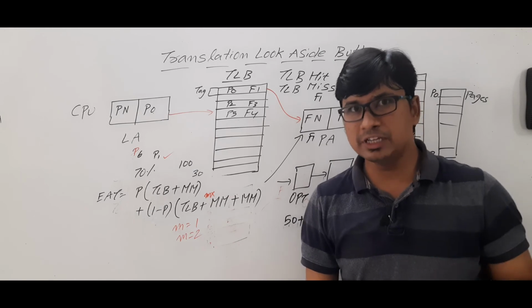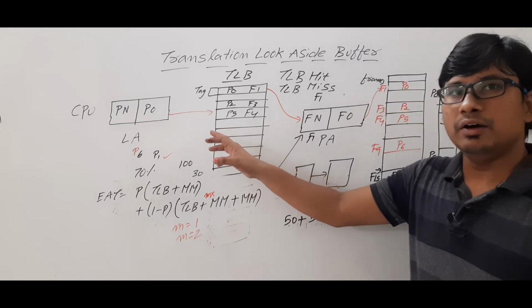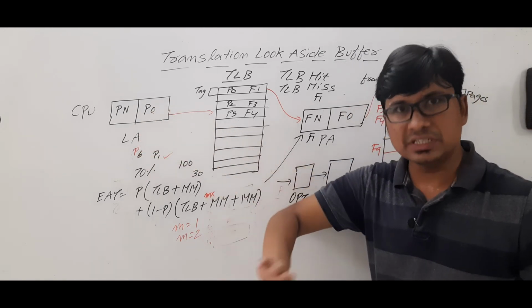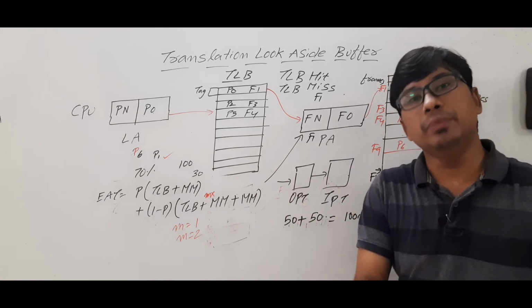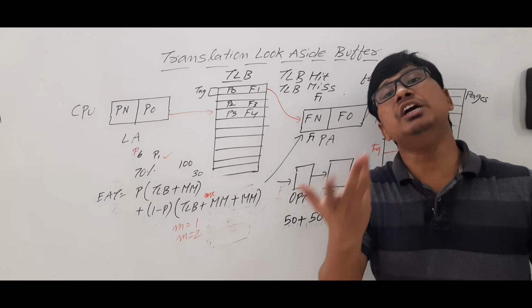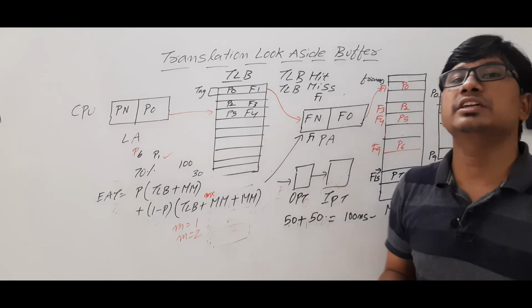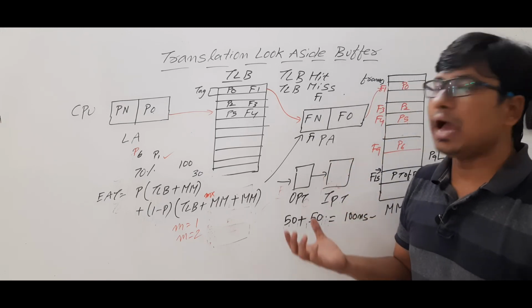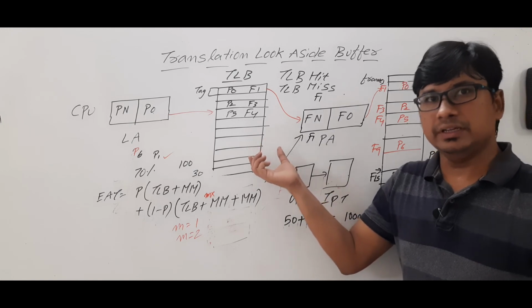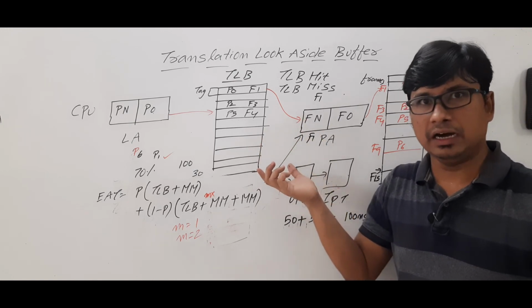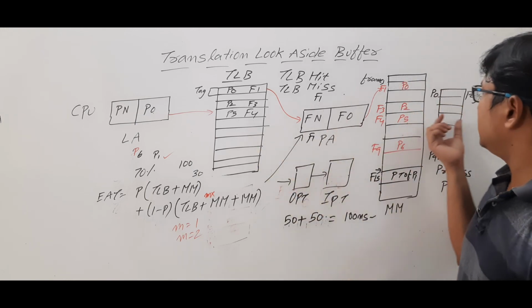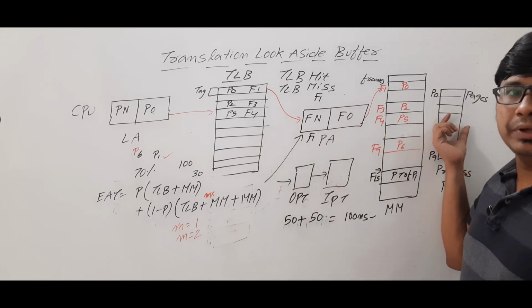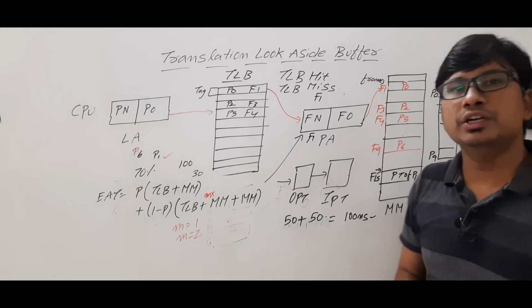What is meant by page fault? Whatever page the CPU is accessing, that page is available in the main memory. If it is not available in the main memory, then we say that it is a page fault. Then there will be a trap, an interrupt will occur, the operating system will take control, and then it will get the particular page from the secondary memory and load it into the main memory.